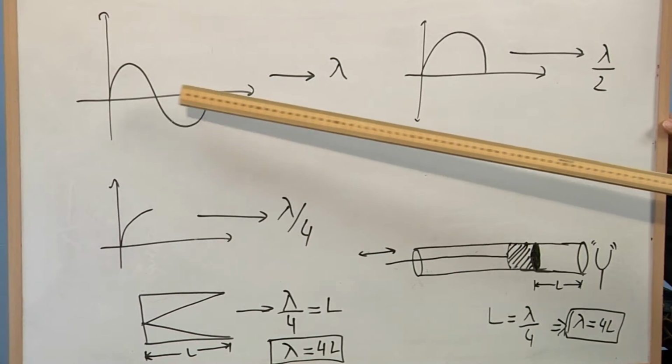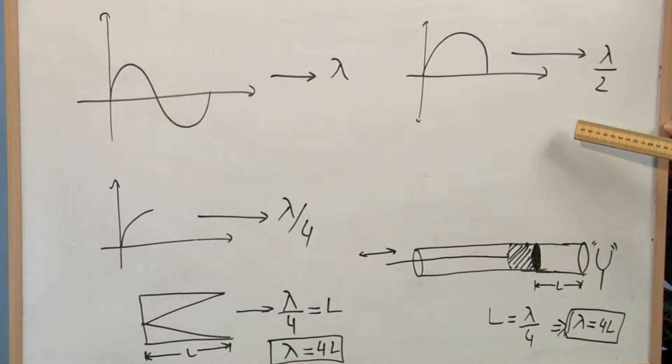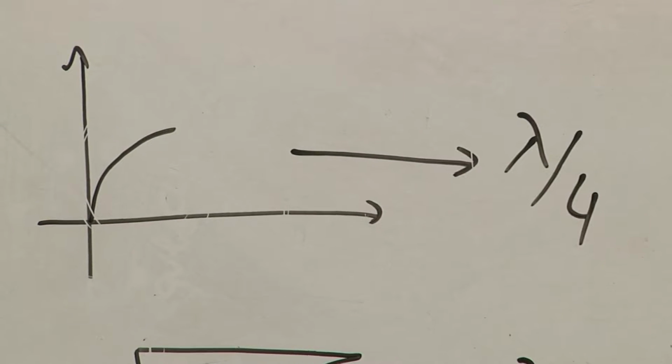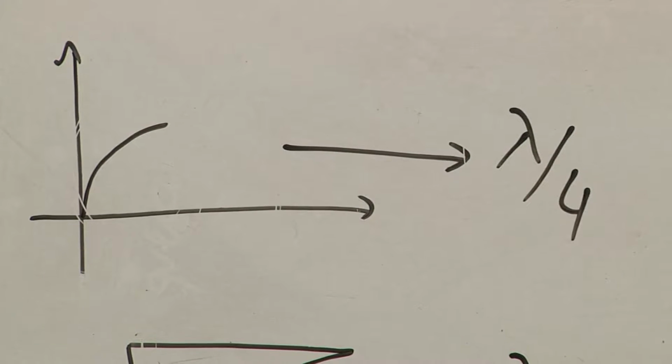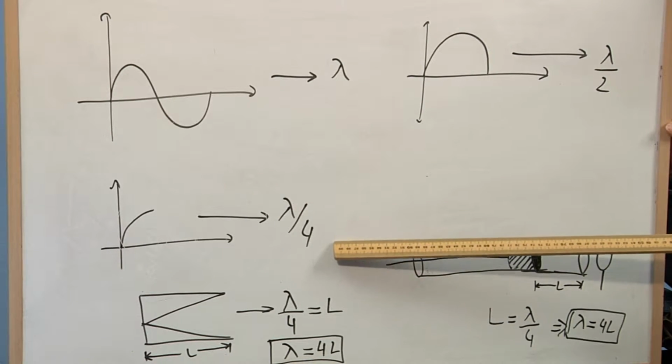So that's 1 full wavelength. If you only have up parts or down parts, then that's going to be half of the wavelength. And if you also cut this one in half, then you're going to have this portion of the wave, which is basically a quarter of the wavelength.